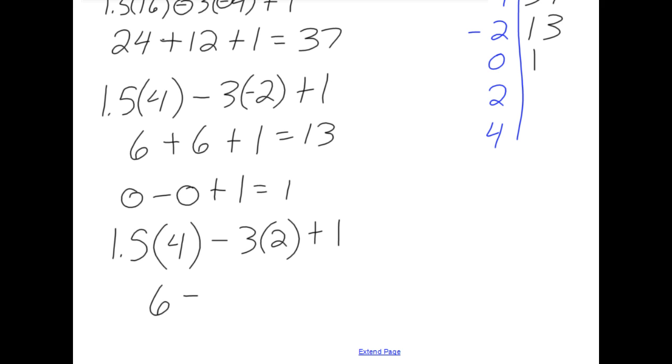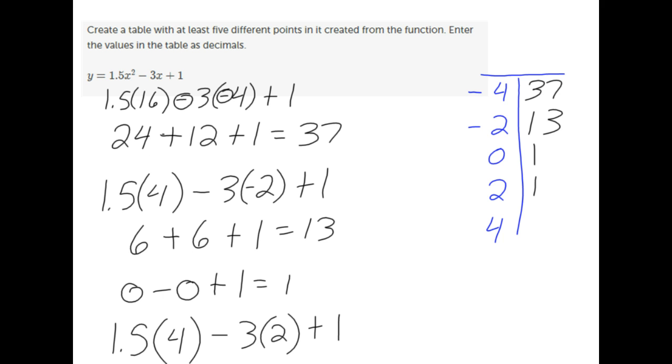And this is going to be minus 6 plus 1. 6 minus 6 is 0, plus 1 is 1. So I get a 1 here as well. And then you would do 4, and you would end up with your 5 points. The only thing that you need to do in this problem is double check your math. There's a lot of areas for you to make a mistake. And especially if this is your 5th problem, you don't want to make a mistake.